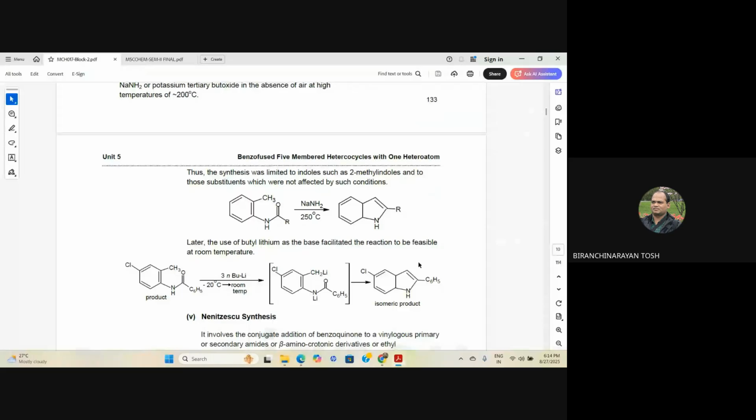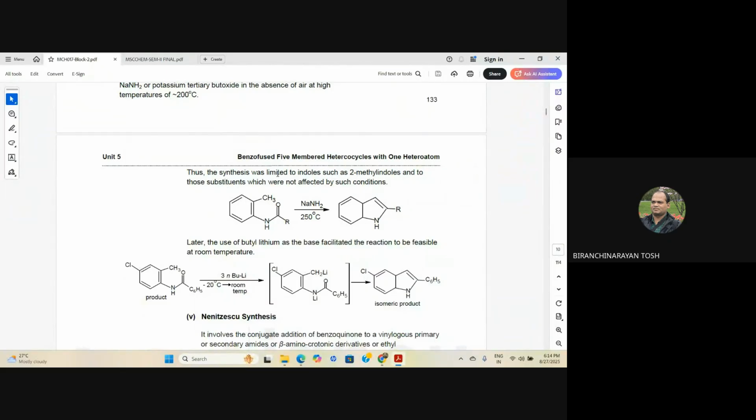So by cyclization of 2-acylaminotoluenes using a strong base such as sodamide or potassium tertiary butoxide in the absence of air at a high temperature of around 200 degrees Celsius, indole will be formed.